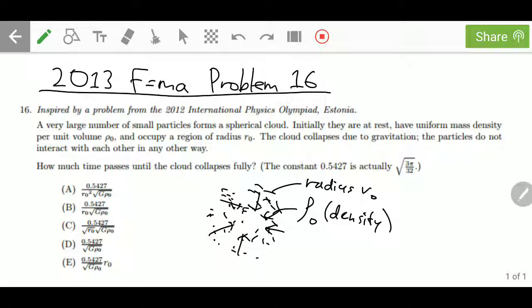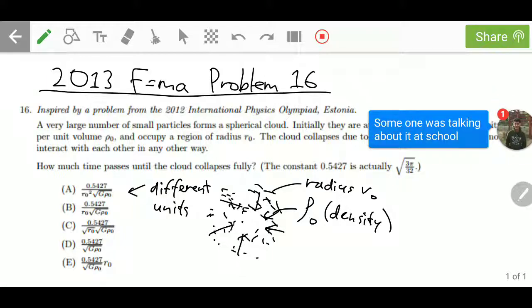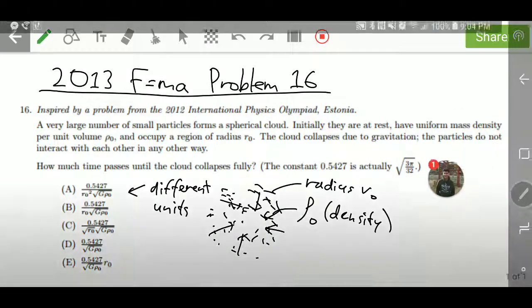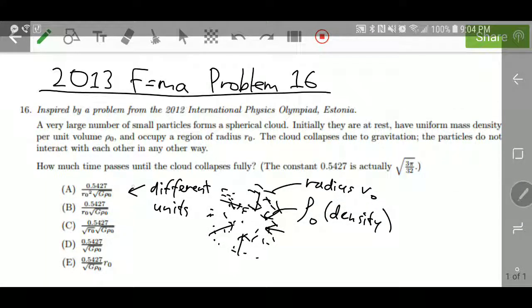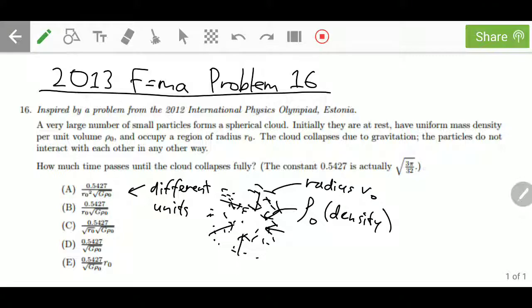Now, if you look at the options, you'll see that they all have different units. At least clearly some of these units don't match. And this seems to be really the only difference among all the answers, because otherwise they all have the same constant, 0.5427, which they've told you is square root of 3 pi over 32.